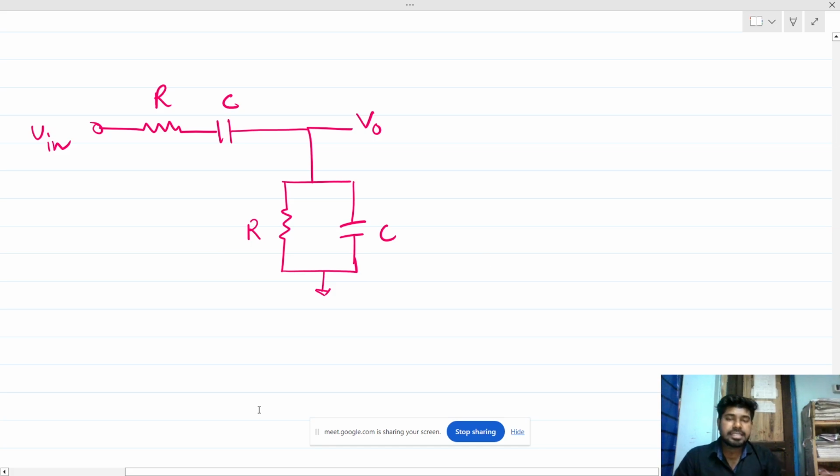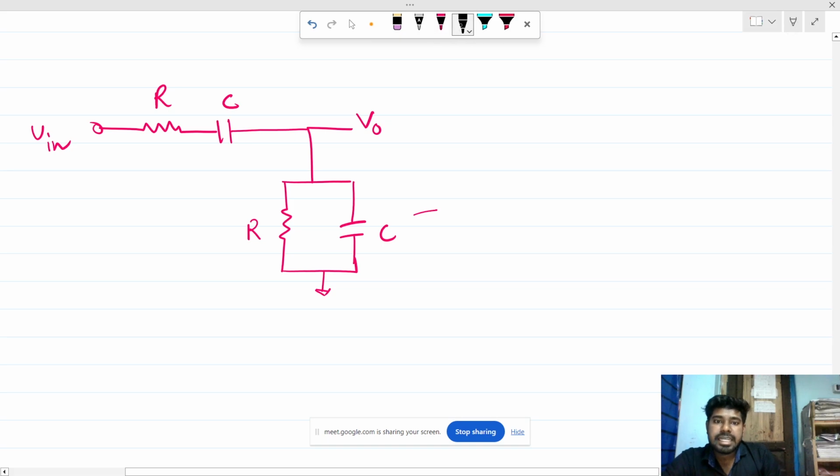Which order circuit is this? This is a second order circuit, because we need to set both state variables, the voltages, independently. We can also see that the current through this capacitor is not equal to the current through that capacitor. So this is a second order circuit.